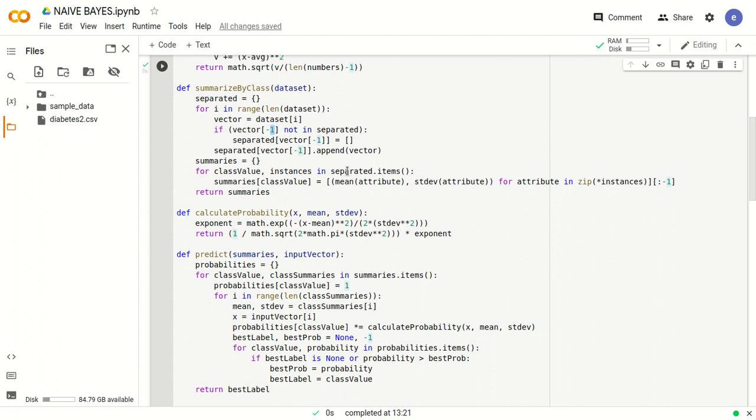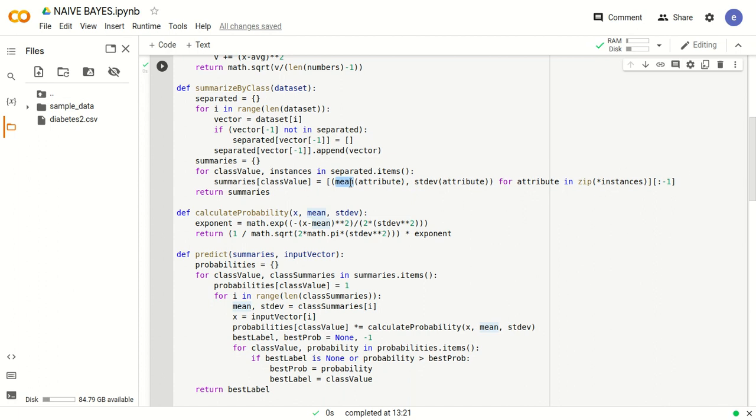The class value, that is what I mean by class label, will be either 0 or 1, and this is the instance, that is the row values. So we are creating summaries for class label 1 or class label 0, and we are using the values mean and standard deviation for each of the attributes. That is what we are doing here.